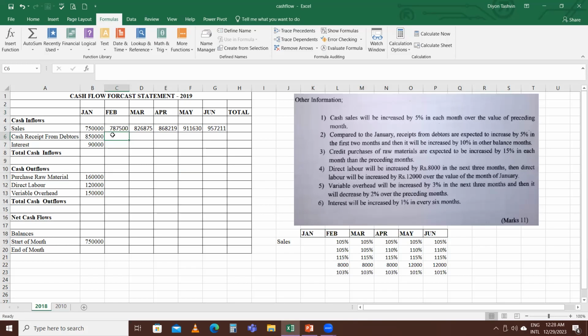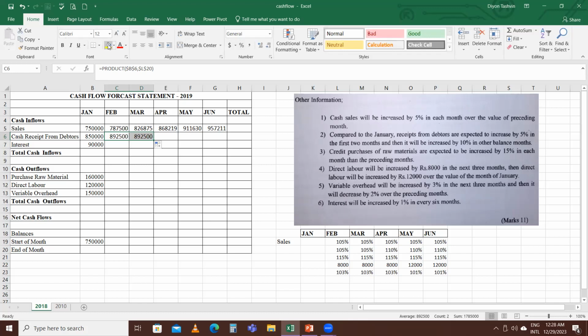So here I'm going to use the product function. So this figure should multiply by 105 and it is fixed for the first 2 months. And this January figure should also be fixed. Why? Because we are going to refer to the same value for the first 2 months, which means in February and March, we have the same figure.